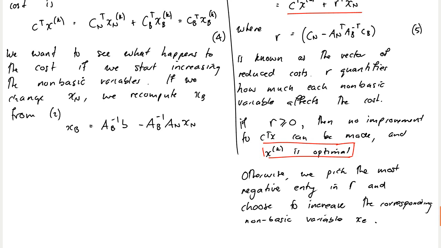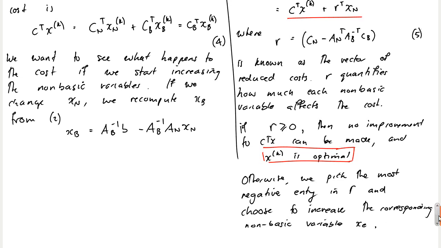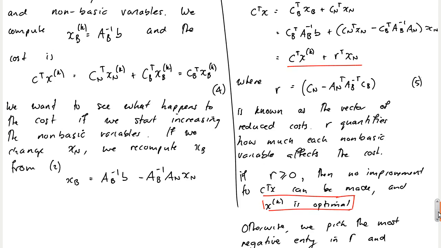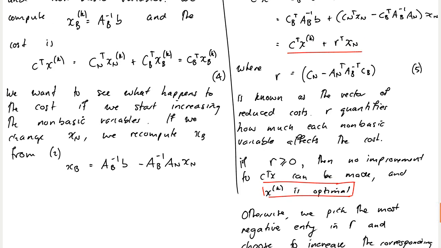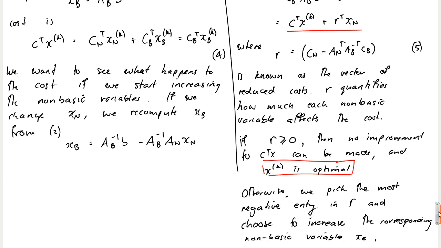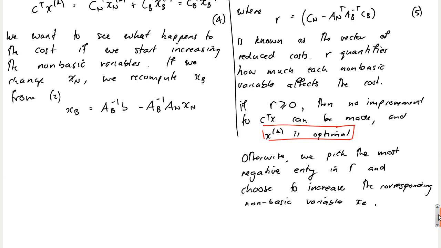Okay, so we've decided, just to be sane, that we're only going to increase one of the non-basic variables to make our cost go down, and we're going to increase the one that reduces the cost fastest. It's a sensible thing to do, and we call this variable xe, called the entering variable. Because that's the variable we're going to increase, and that's the variable that we're going to put into our basis.